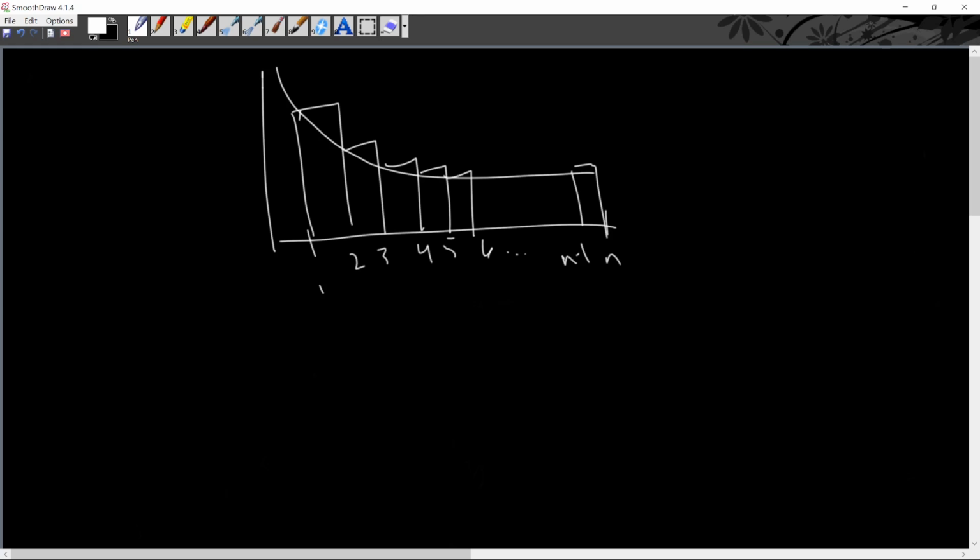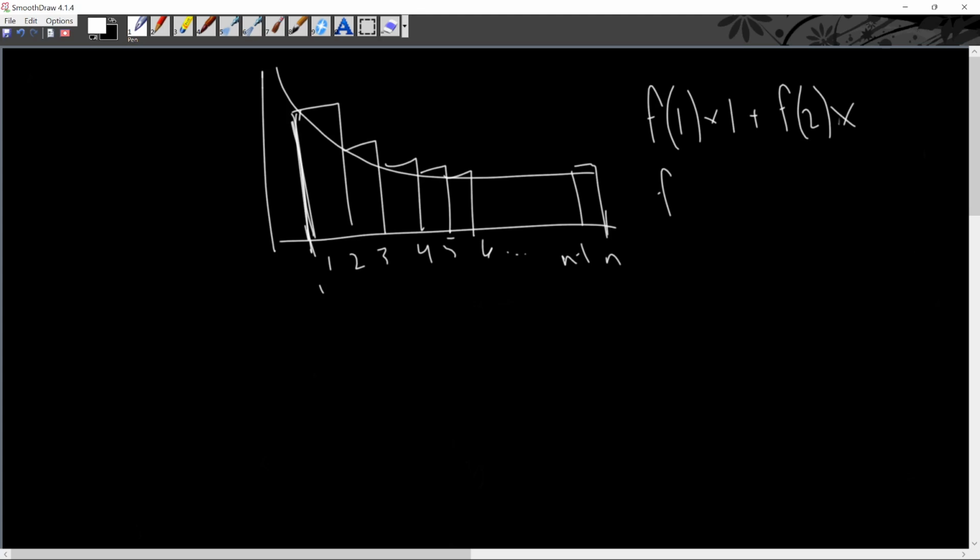So the area is going to be f of 1, the height of that rectangle, times 1, the width, plus f of 2 times, not 2, sorry, f of 2 times 1 still. The width is always 1 because this is, again, natural numbers.